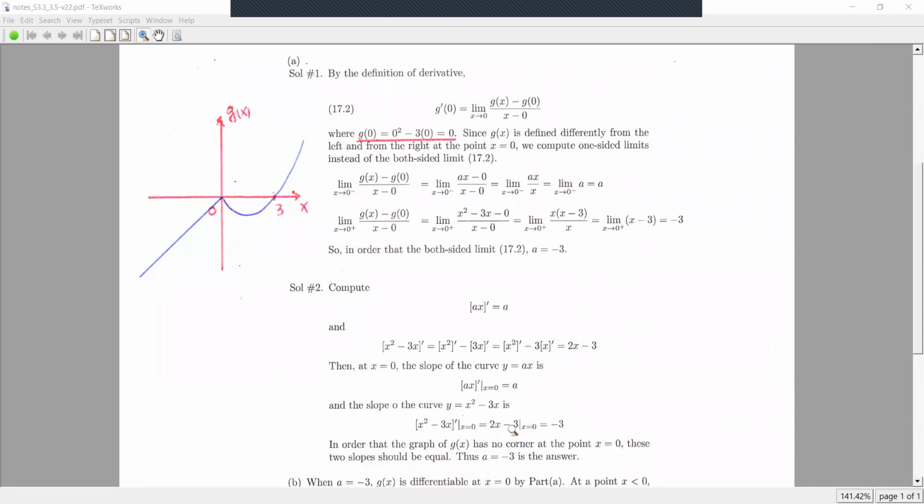That is, a should be -3. When the slope of this line at the point 0 and the slope of this parabola at the point 0 are equal, then this graph has no corner at the point 0, and therefore the derivative exists there.